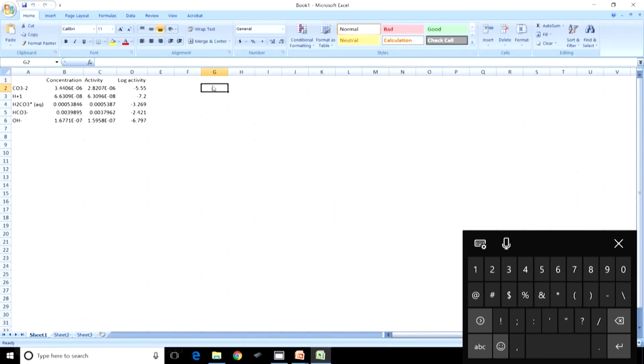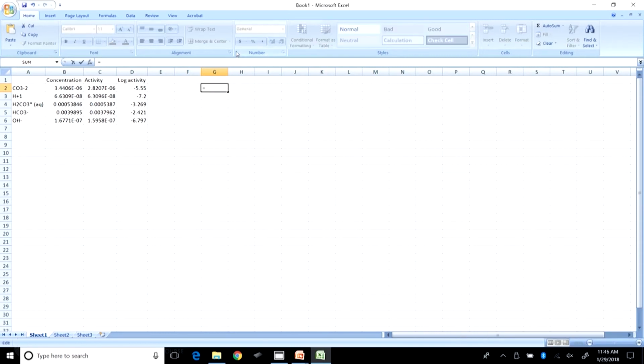And how do I calculate this particular CO3 total? That is going to be equal to this particular CO3 2 minus plus H2CO3 plus HCO3 minus, and enter. So what is this equal to again? If you look at this, we know that CO3 total is nothing but H2CO3 plus HCO3 minus plus CO3 2 minus.